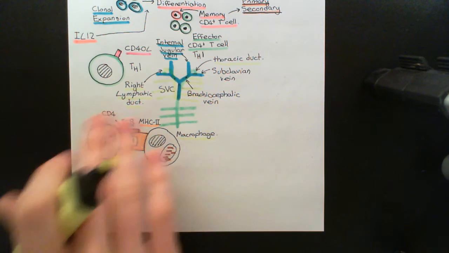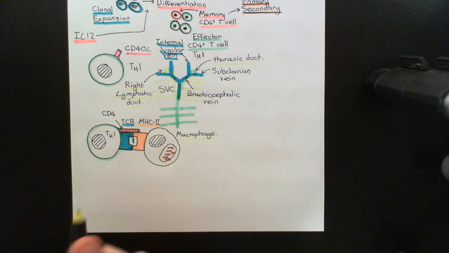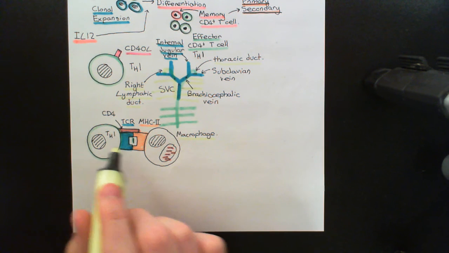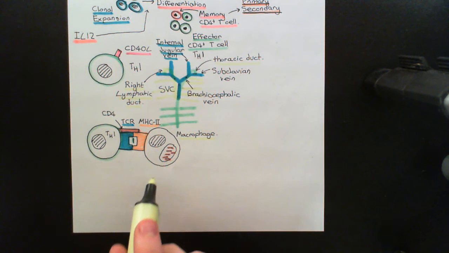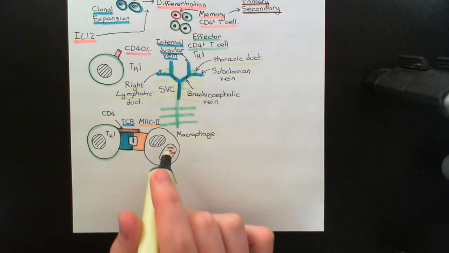So that's the comparison that I always use with what these T helper 1 cells are doing to macrophages. The T helper 1 cells are analogous to Barty Crouch, and the macrophages are analogous to the aurors, and the Mycobacterium tuberculosis are analogous to the Death Eaters. So the T helper 1 cells are giving the macrophages the permission to use brutal mechanisms to destroy the pathogen that is within.